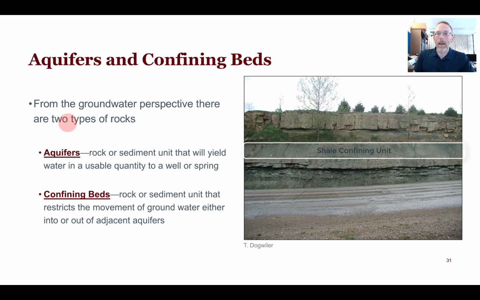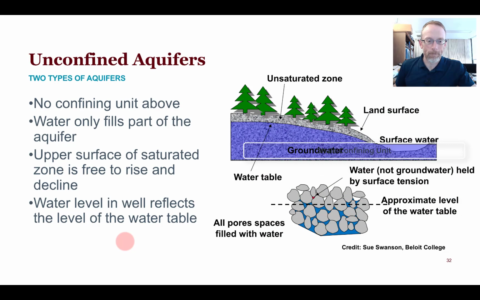A confining bed would be something that doesn't meet that criteria. A confining bed is a type of rock or sediment, a porous media, that cannot supply water fast enough for human needs. In other words, it's got a low permeability. So aquifers and confining beds. I guess if you took intro geology from me, that rock test would have been a little simpler.